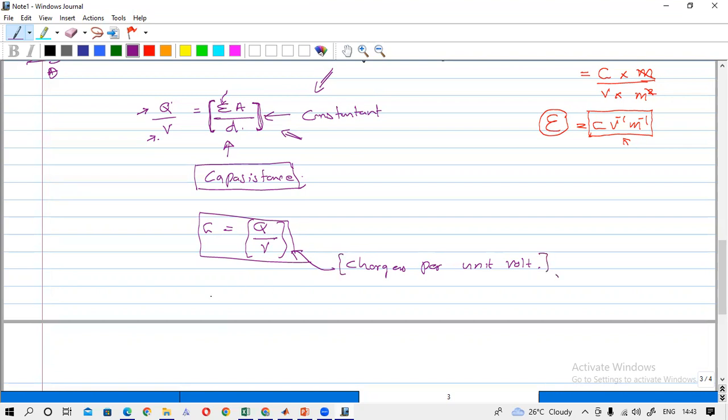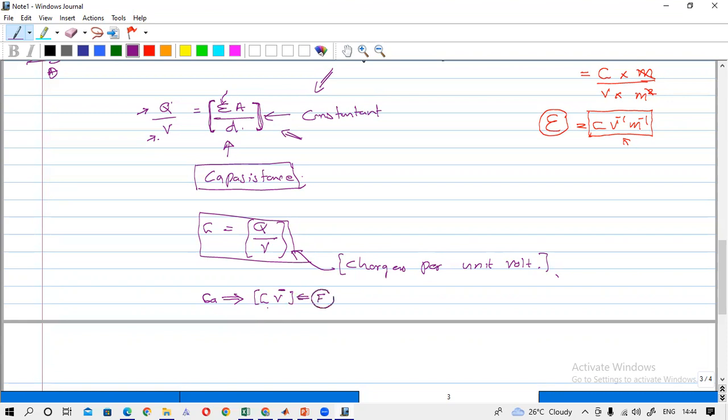The unit of this C: Q is measured in coulombs, V is measured in volts. So the unit for capacitance is coulomb per volt, and this is referred to as farad.